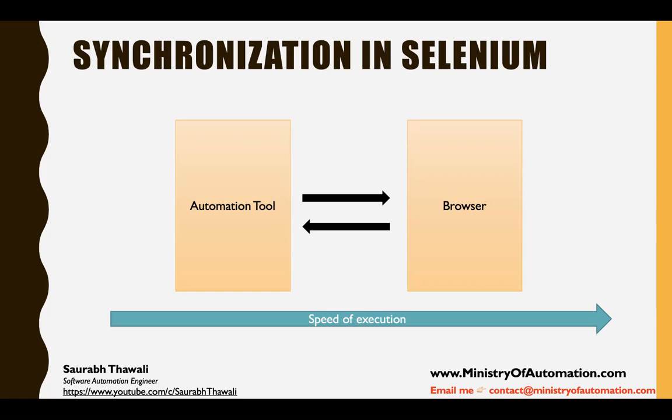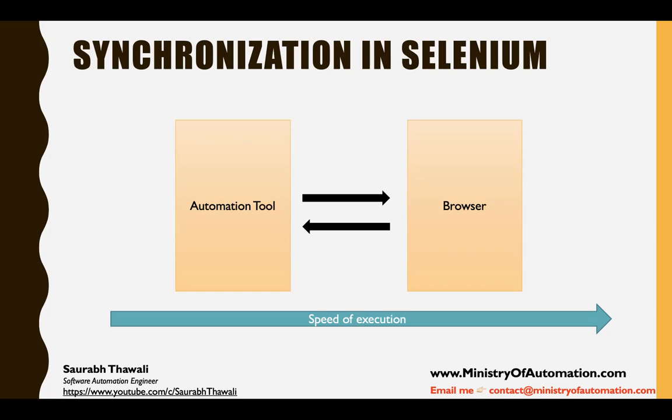Coming back to our example of the car, what mechanism would we use there? Of course, an accelerator and the speedometer, right? With the help of these two things, we'll be able to keep both of them in sync. If you ask your friend to drive at exactly, let's say, 55 miles per hour, and if he maintains that speed and you maintain the same speed, you both will drive in sync, correct?